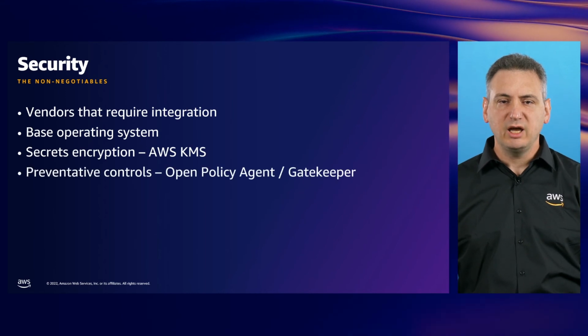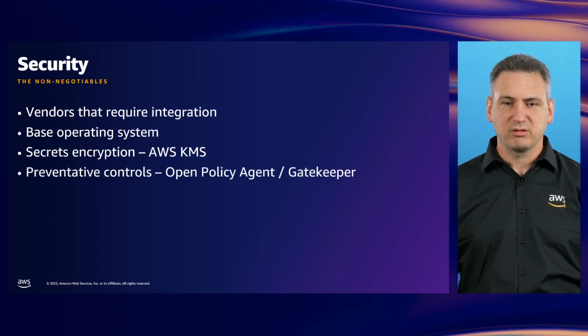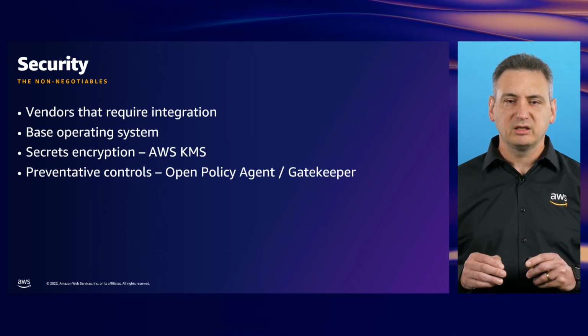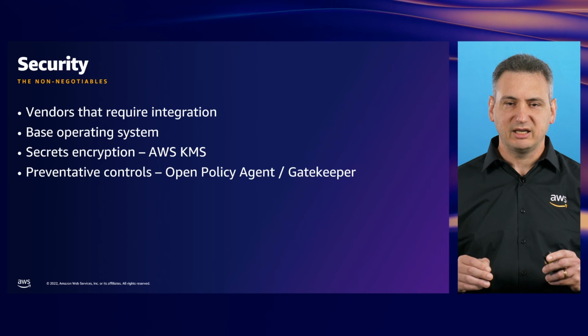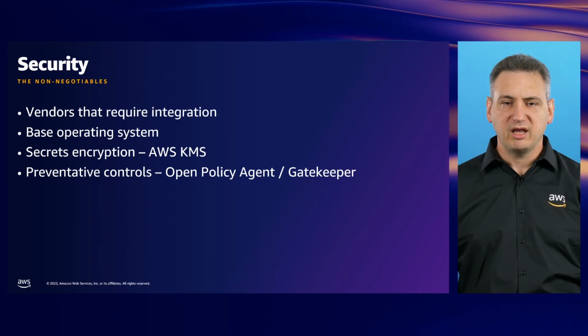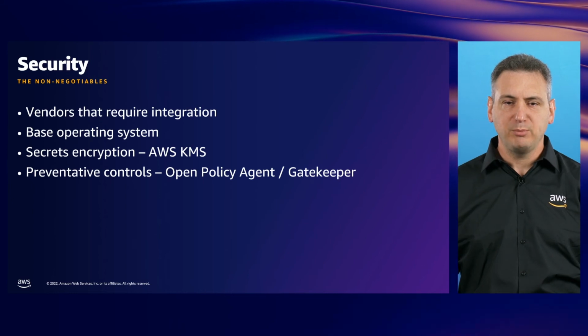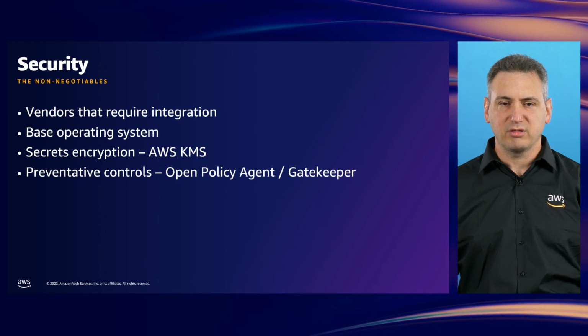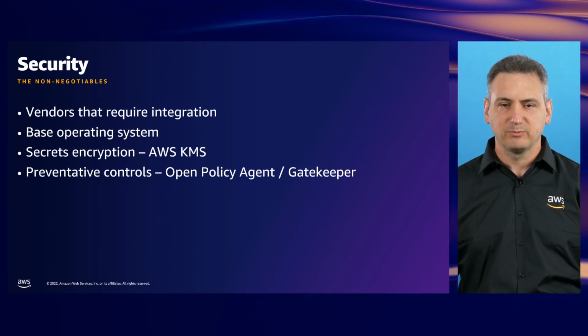Finally, do you have a list of preventative controls that need to be implemented? Getting these in early can help prevent accidental breaking afterwards. Open Policy Agent with Gatekeeper is a common open source way to lock down the cluster, with a number of sample controls in Gatekeeper's GitHub repo.